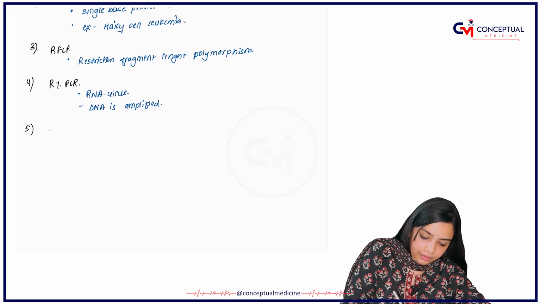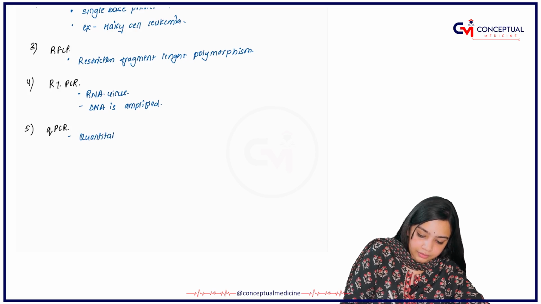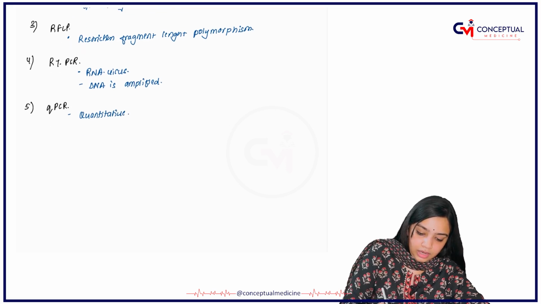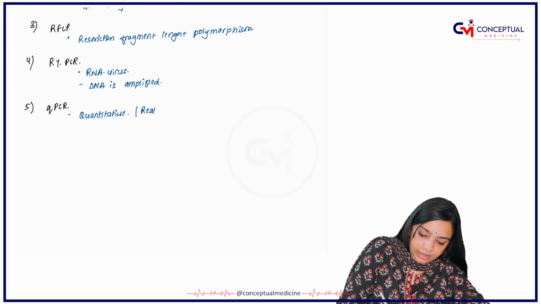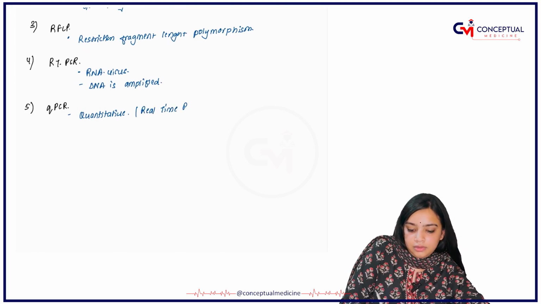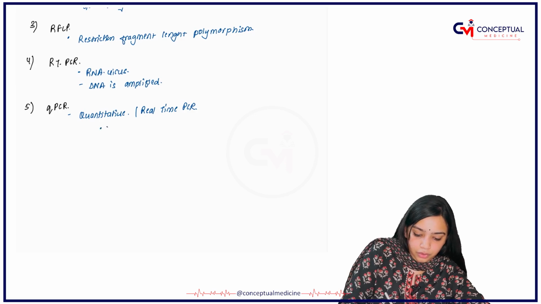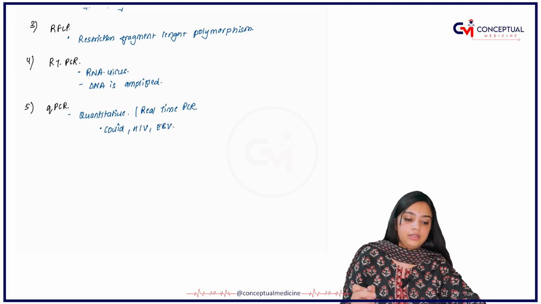Fifth one that you have is the qPCR. What does qPCR mean? qPCR means the quantitative PCR or the real-time PCR. It is for the COVID, for the HIV, and for the Epstein-Barr virus.